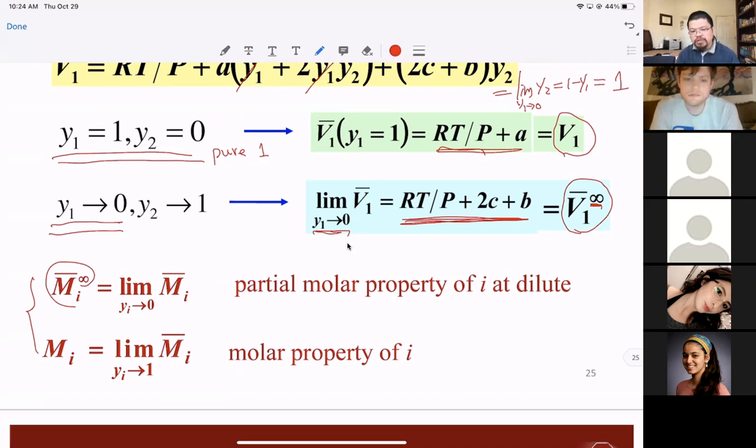And when we try to push the molar fraction to 1, then this shall be the molar property of the pure component i. Again, we've discussed that we need to pay attention to the symbol and understand what the symbol is referring to.